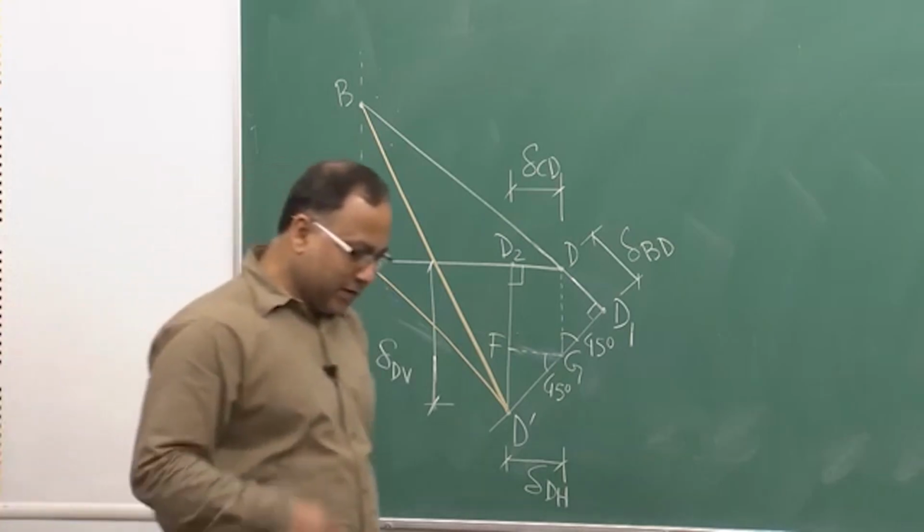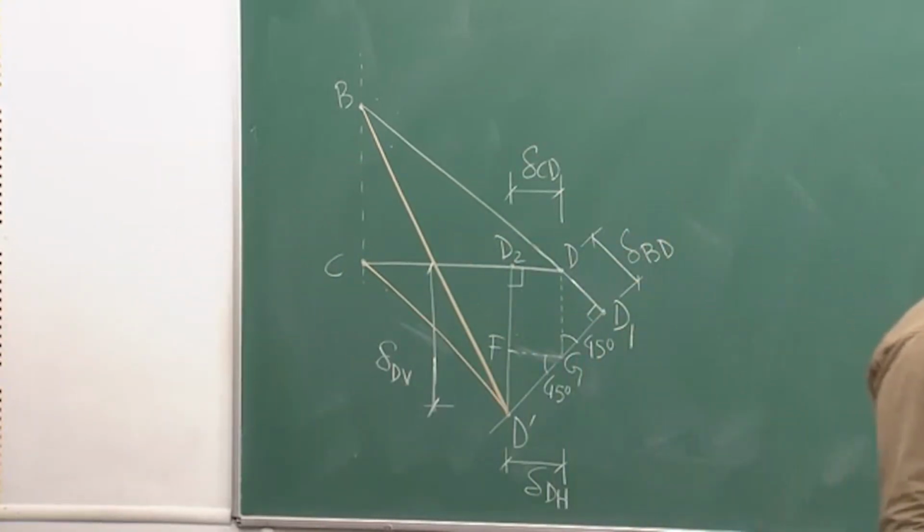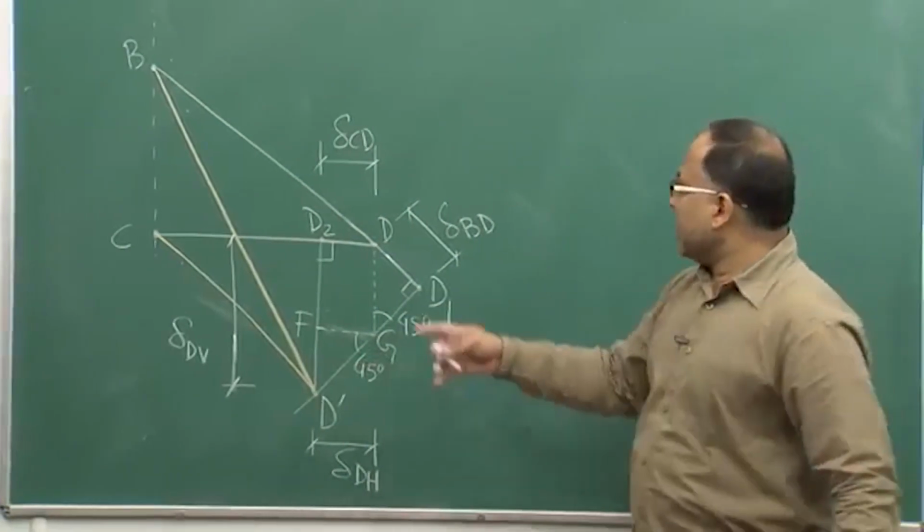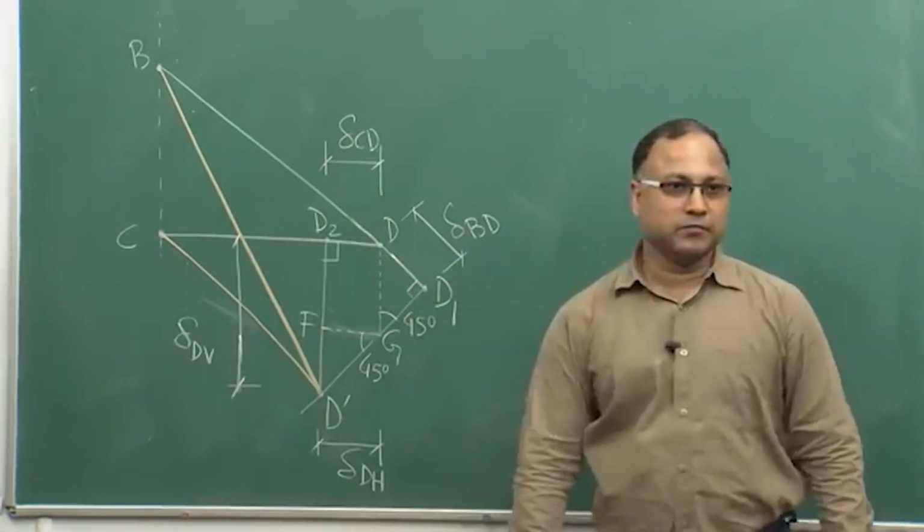Okay. Now, let us understand this figure first. As I told you, if BD and CD are not in the assembly, then BD is free to elongate up to BD1.